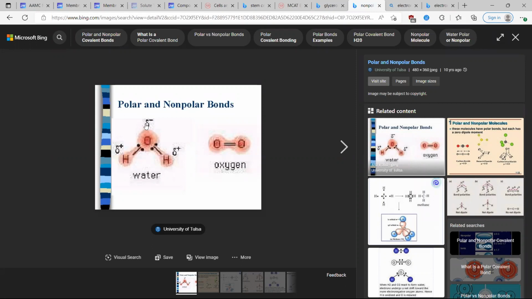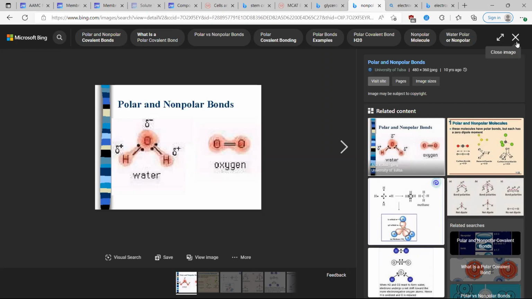Delta means partial. So this is not fully negatively charged, but partially negative, because the oxygen is able to take more than its fair share of the electrons away from the hydrogen, because the hydrogen is less electronegative, less able to pull electrons toward it. So these are polar bonds.